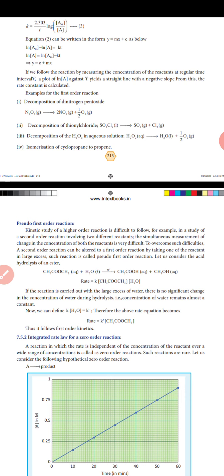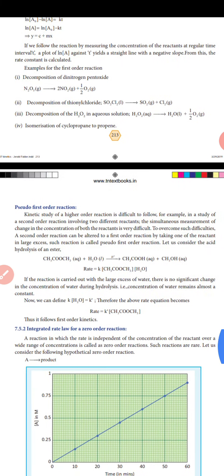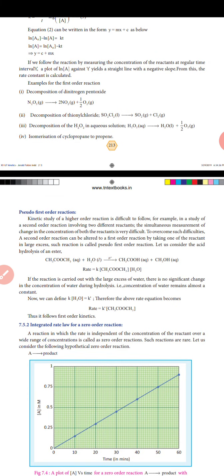During hydrolysis, the concentration of water remains almost constant. Now we can define the constant of water as a first order reaction. Therefore, the above rate equation becomes rate equals the constant of the first order reaction times CH3COOCH3.